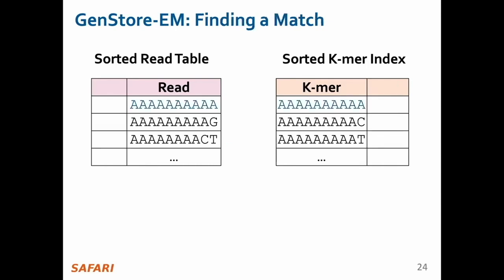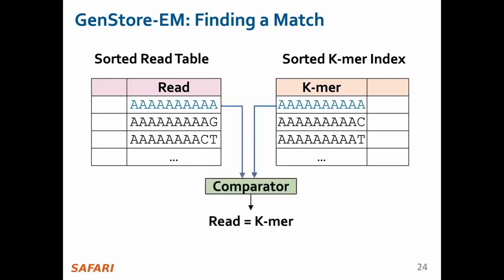We sequentially scan through these data structures in three different ways based on the comparison result of the current read and k-mer. First, when the current read and k-mer are identical, then we detect that the read is an exact match and can be filtered from further read mapping analysis. By filter here, we do not mean neglect or throw out.